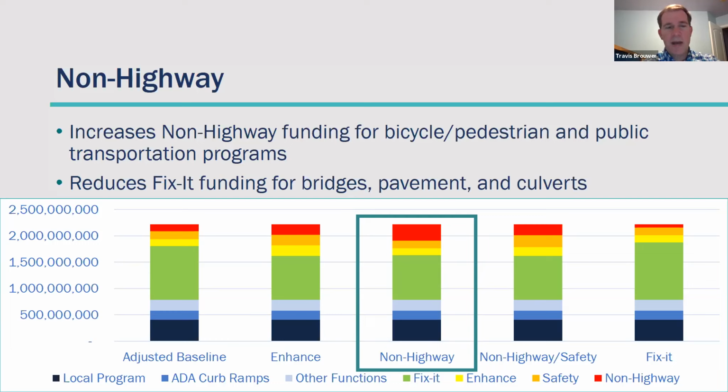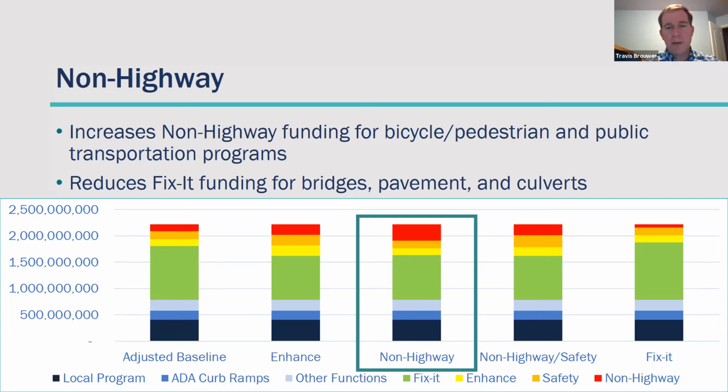So this non-highway category really only includes the FHWA funds that go to transit and for bicycle and pedestrian projects, as well as the state highway fund programs like the 1% for bike ped or safe routes to school. Only about 20% of the total dedicated federal and state non-highway funding actually goes through the STIP.